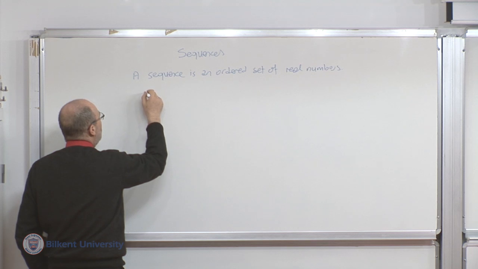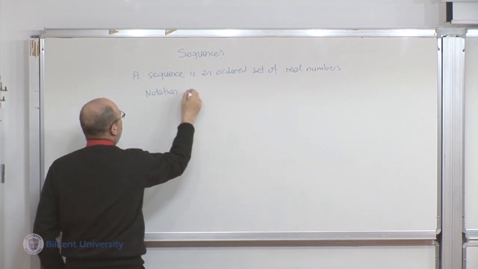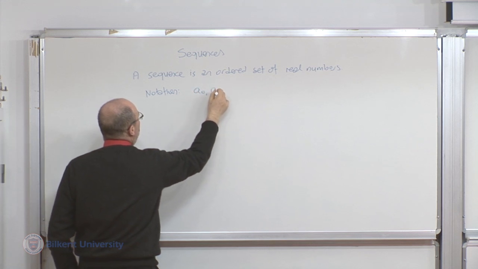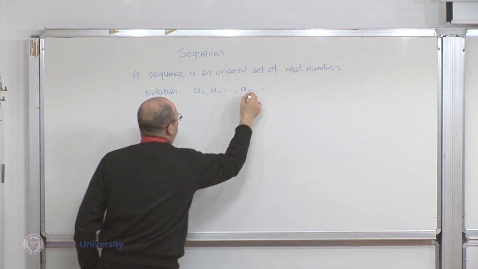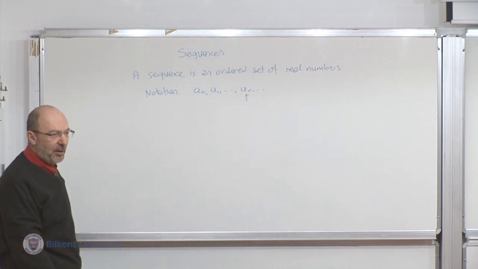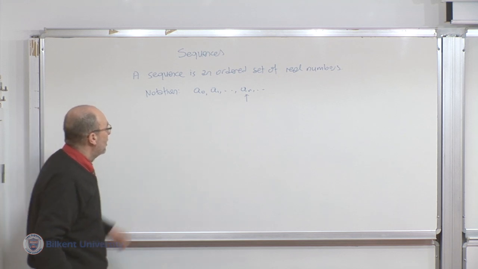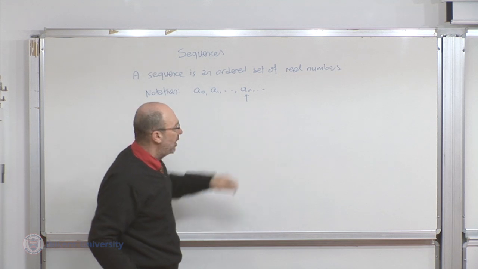The notation is generally, this is the general notation. We denote this A0, A1, etc. You have to give a way of understanding the general term. Okay, there has to be, it must be well defined. Sometimes you start from A0, sometimes you start from here. The first part is not important.